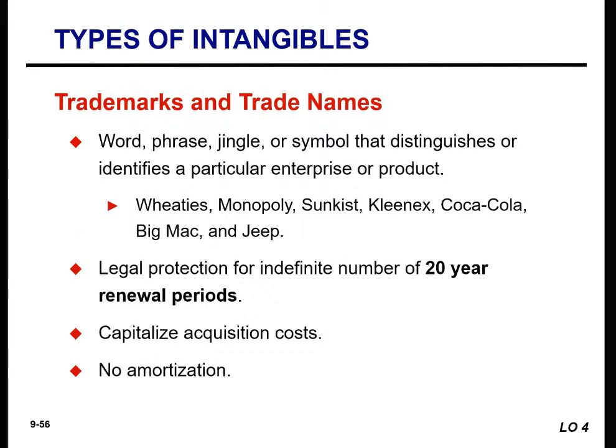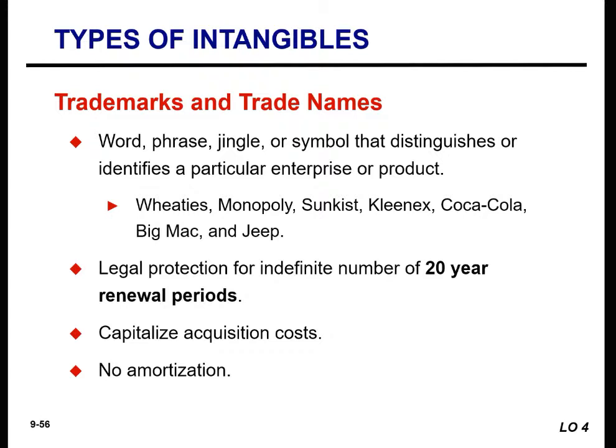The next intangible that we'll talk about is trademarks and trade names. A trademark or trade name is a word, a phrase, a jingle, a symbol that really distinguishes or identifies a particular enterprise or product. Trade names like Wheaties, Monopoly, Sunkist, Kleenex, Coca-Cola, Big Mac, and Jeep create an immediate product identification and generally enhance the sale of the product.